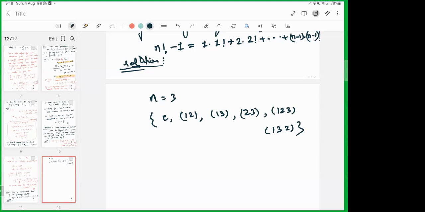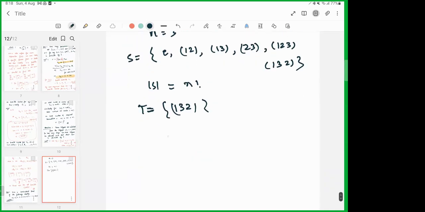I am removing one element from this set S, whose cardinality is n factorial. Let's say I am choosing T, which is the permutation 1-3-2.